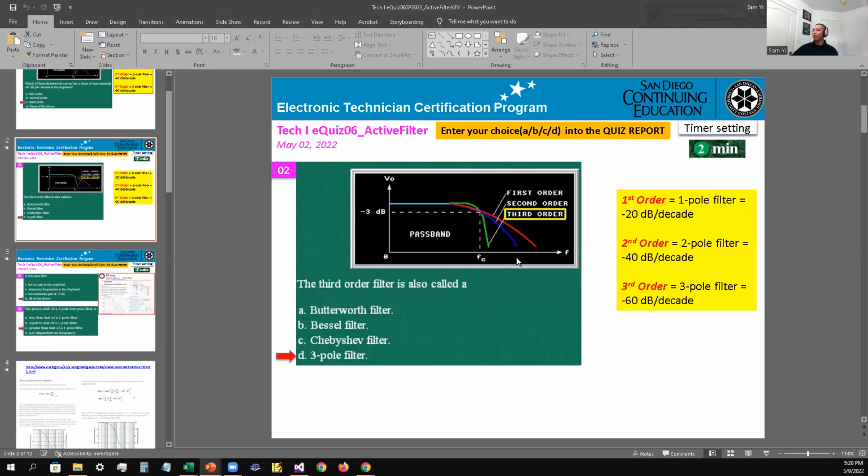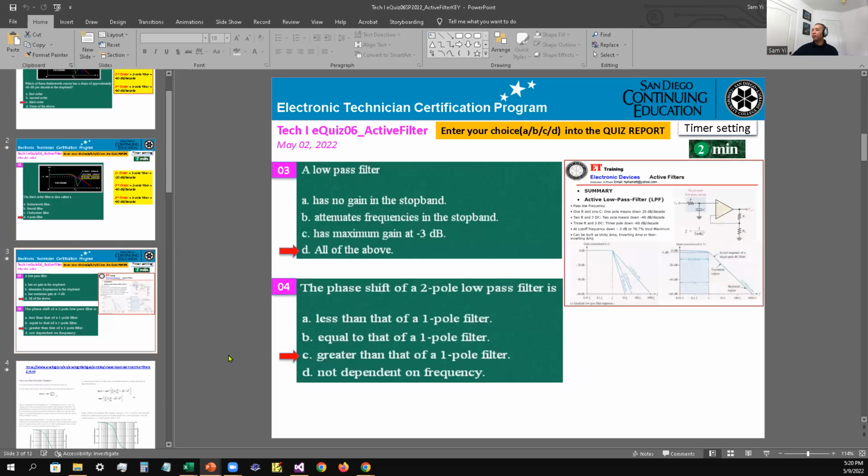You have the same color combination, but it's named by the order: first order, second order, third order. The third order is the same thing as the 3-pole filter. I got it, I understand it now. Okay, very good. Next set.